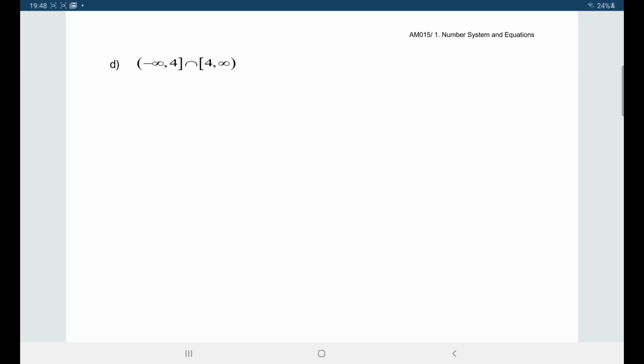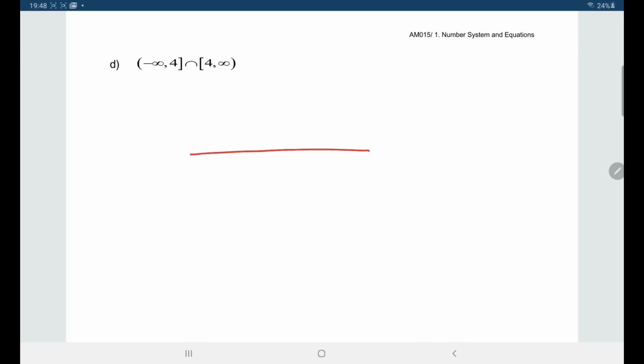For example, for D, infinite interval negative infinity to 4 intersects infinite interval 4 to infinity. Okay, first step, draw the number line.